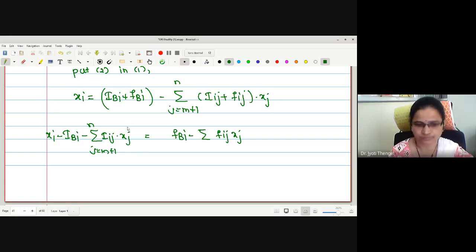Is that okay? I have just separated integer and fractional parts on separate sides.